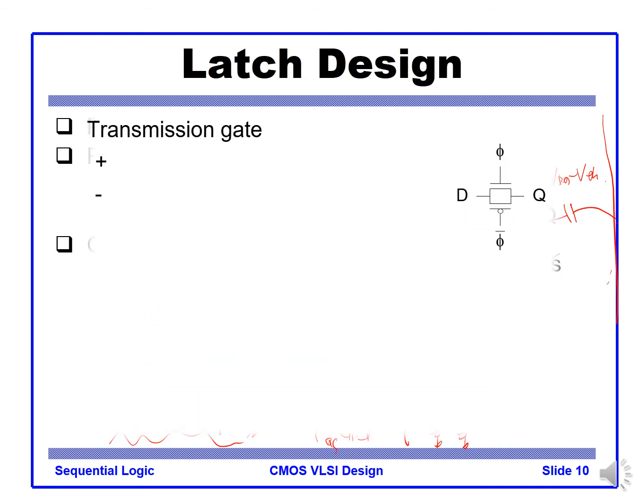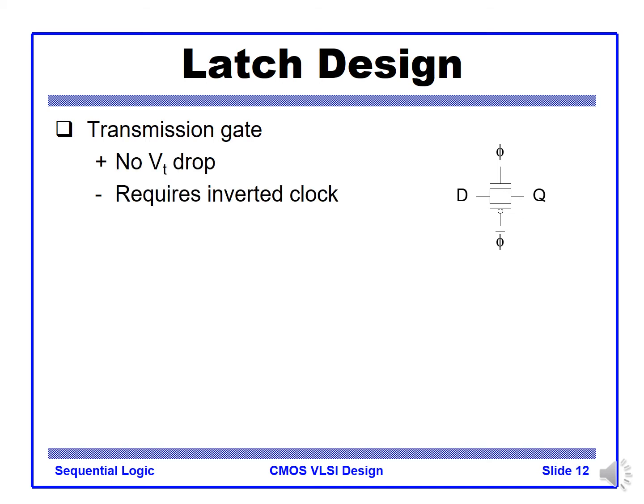To reduce the VTH voltage drop, we can use a transmission gate like this, NMOS and PMOS in parallel. So there is no VTH drop, but it requires an inverted clock signal.